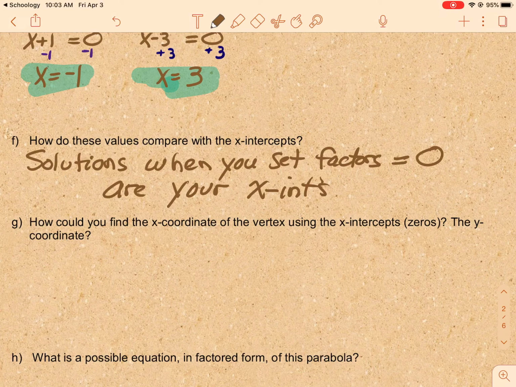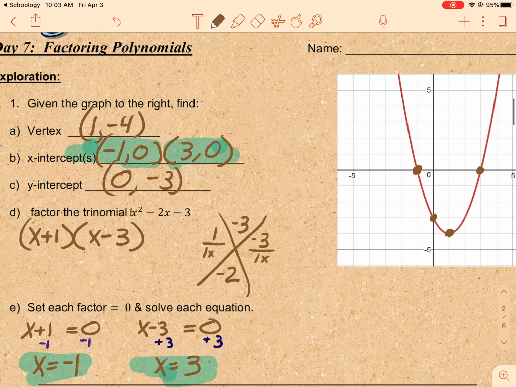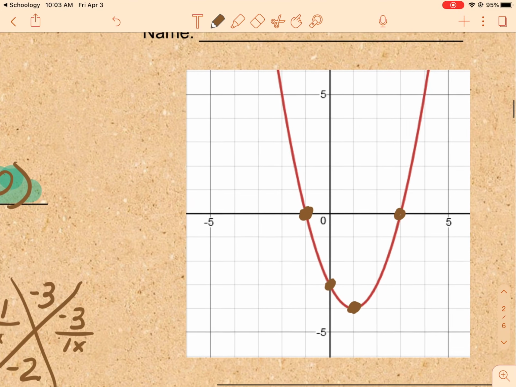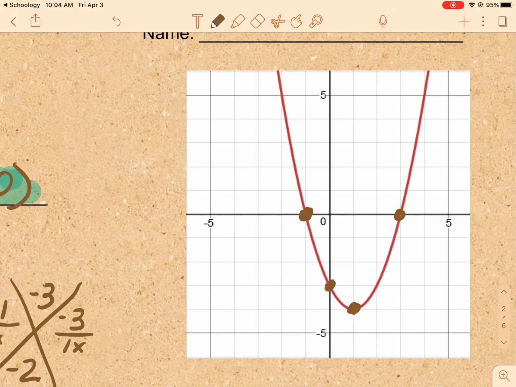And then the next one is asking, how could you find the x-coordinate of the vertex using the x-intercepts or the zeros? Because we had the graph, we already looked, and the vertex is at (1, -4). So how do we find that just based on the x-intercepts?